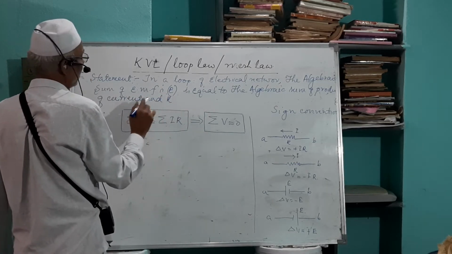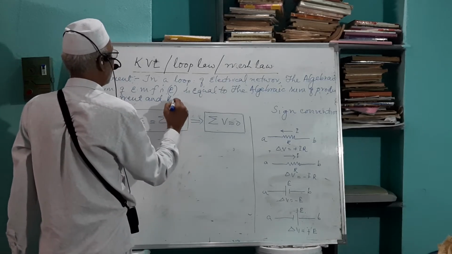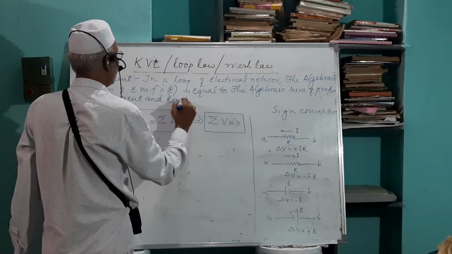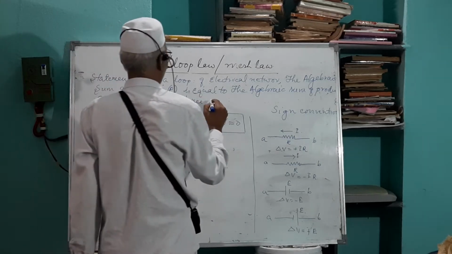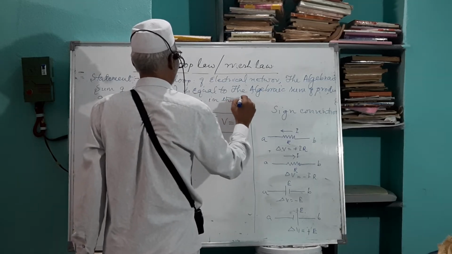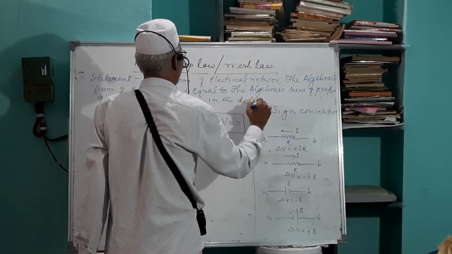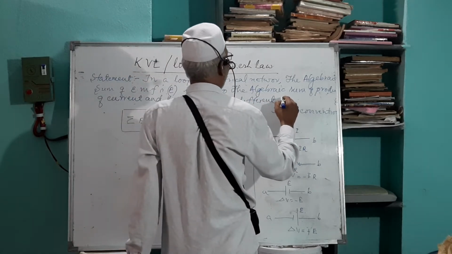R stands for resistance, I stands for current. Current and resistance in the different parts or branches of the loop.